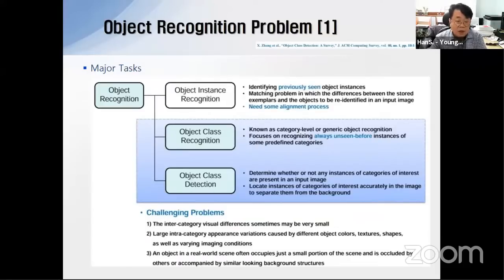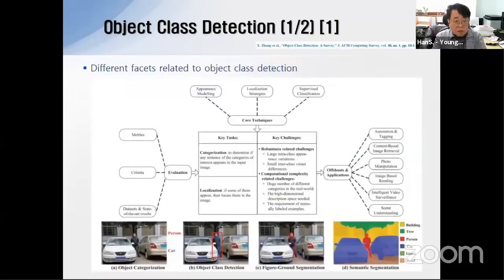That is how object detection differs from the others. To detect objects, we use several techniques.